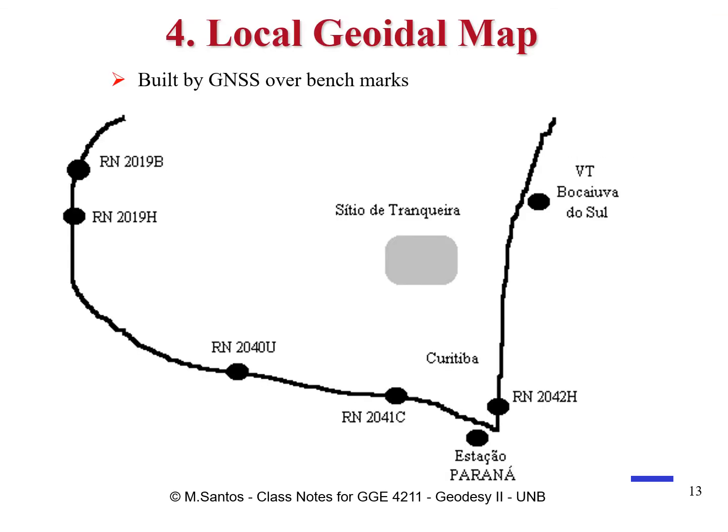As an example that I use, and this has some sentimental reasons for me, this is an old project back in the 90s that I did. It was exactly for building a local geoidal map.